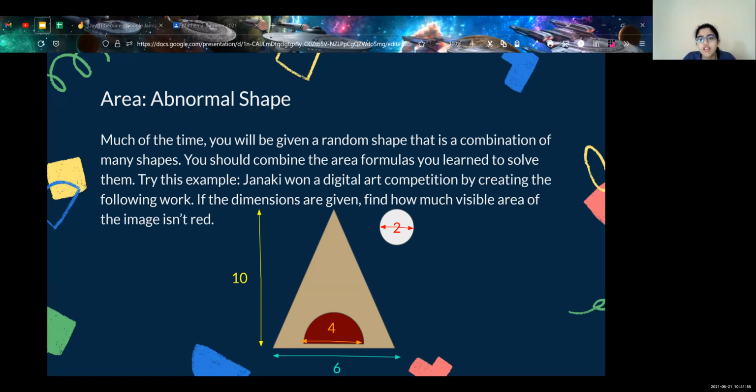And make sure you're not finding the visible area, but finding out how much of it is not red. The red part is the dark red half circle. Yes, the semicircle is red.